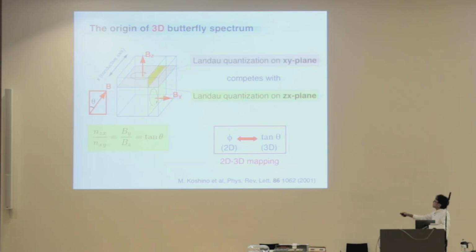And of course, they give different n lambda in this system. So the NZX means giving the Landau quantization corresponding to this field, and the other is this field. And again, when changing the angle, this ratio actually runs in the continuum axis. So that's why we have a Hofstadter butterfly.